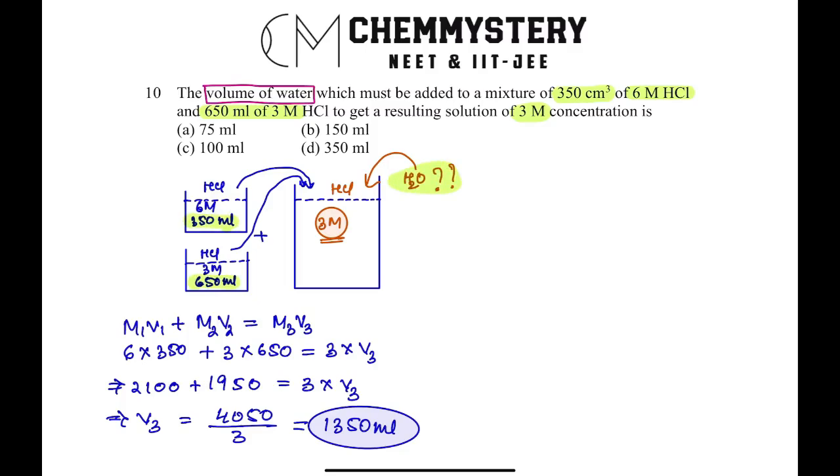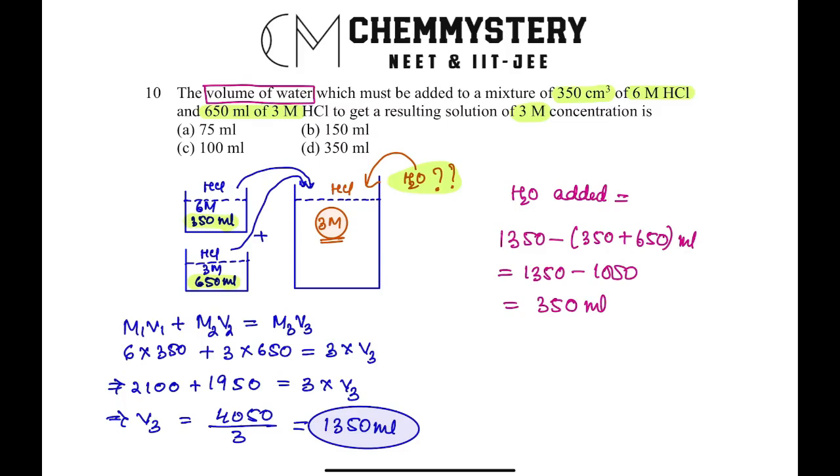So to find the additional water, the water added is equal to the total volume, that is 1350, minus the previous volumes that were present, that is 350 plus 650 ml. 1350 minus 1000, that is 350 ml of additional water I need to add to the mixture so that I can maintain the strength of 3 molar in the new solution.